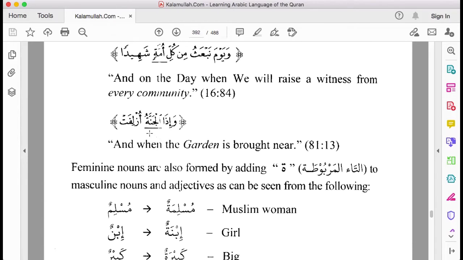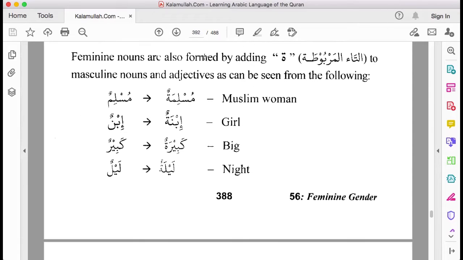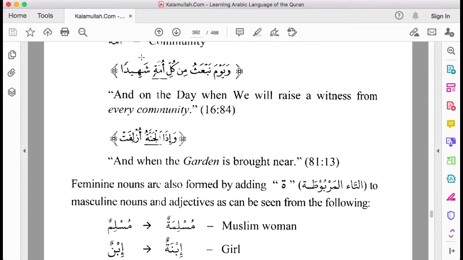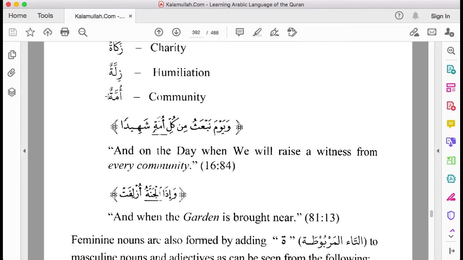And here again, al-jannatu, Jannah, feminine. Now, this is what we talked about earlier, where you can add ta marbuta to make a word feminine. This is different from the category we looked at above. Those are always feminine; you're not going to remove the ta marbuta.